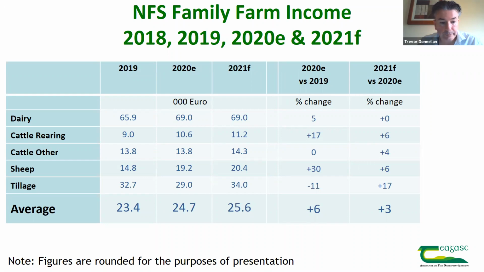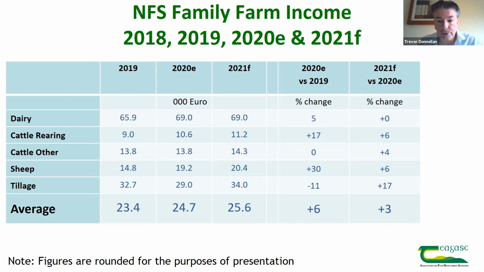in production costs. In the case of tillage, which shows the largest increase in income in 2021 of 17%, the story there is more to do with assumptions about yields recovering to normal levels in 2021, following the very low levels observed in 2020.